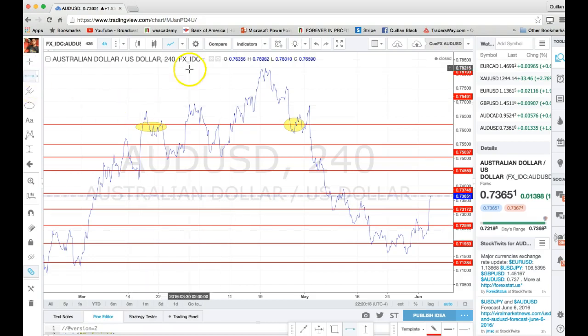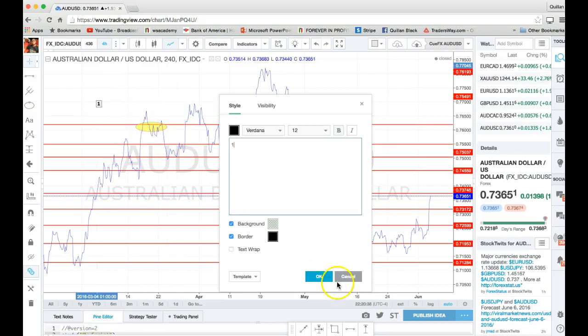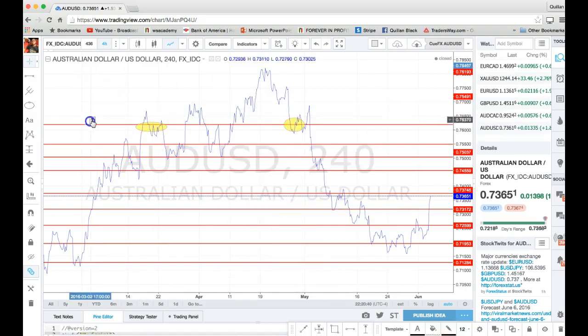Okay, so keep in mind, when it comes to H4s, I'm going to be finding 1, 2, max 3 H4 support and resistance levels between each daily zone. So this right here is one zone. Let me try to mark it for you guys. So right here is one zone.